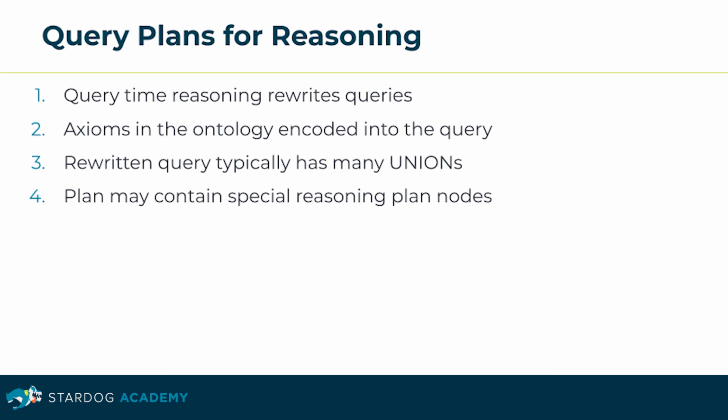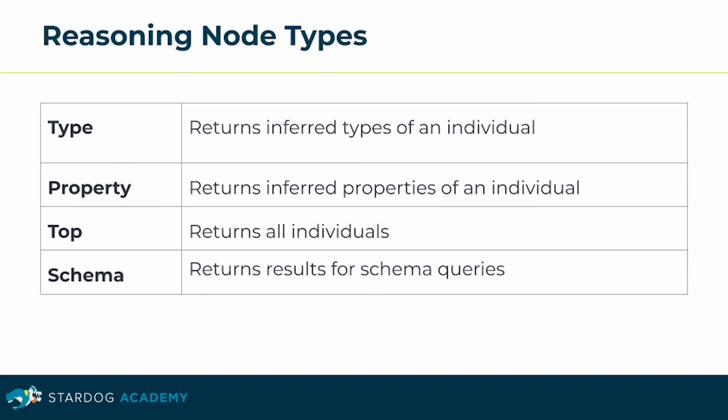We have reasoning node types for type, which is referring the inferred types of an individual, such as the class example I just used. A property, which returns the inferred properties for an individual. Top, meaning returning all individuals that match. And schema, returning results for schema queries.